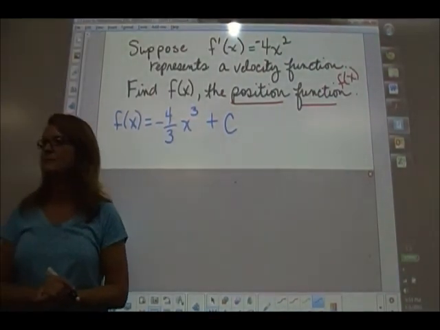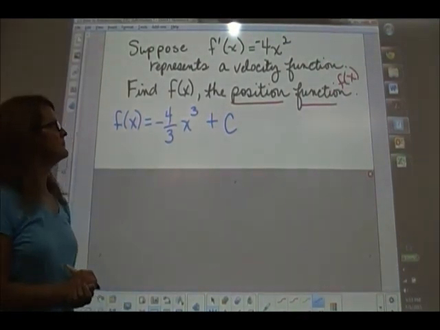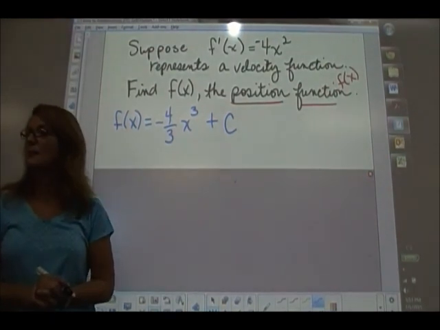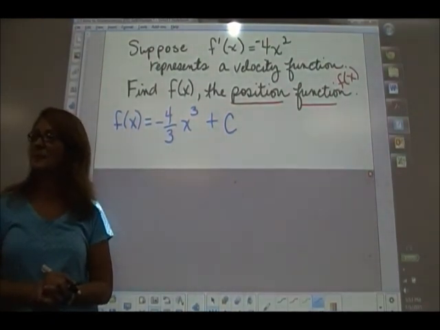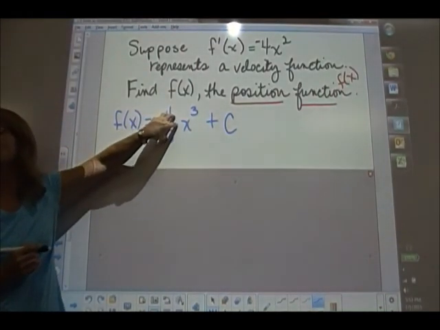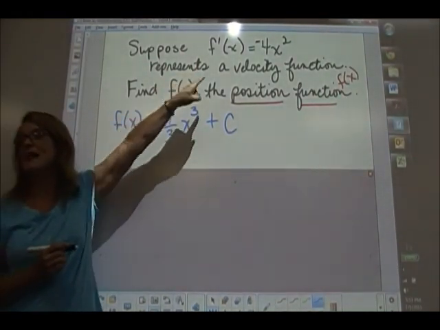How'd you do it, Nick? I divided negative 4 by 3, and then multiplied it by 3 to get the derivative. So you were having to fill in a hole here to figure out what you needed to put here to get back to that velocity.